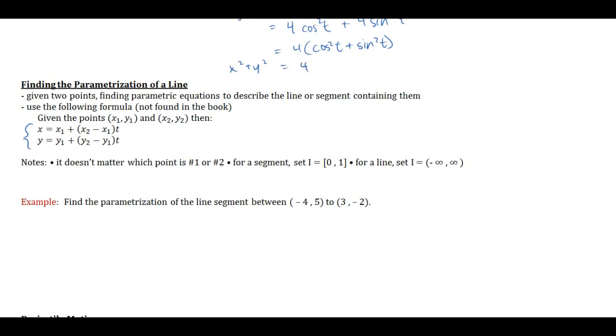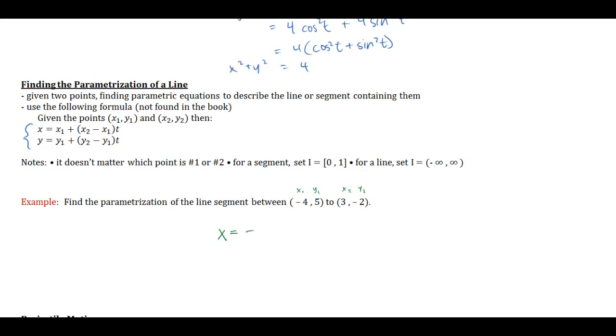Well, here it is. Here's your equation, right? And so if you want to make this into a parametric equation, there's a little line segment that goes from there to there. If you want to make this into a set of parametric equations, all I would do is say, all right, the x equation is going to be x1. I'll call this the 1s and this the 2s for the sake of being in order.